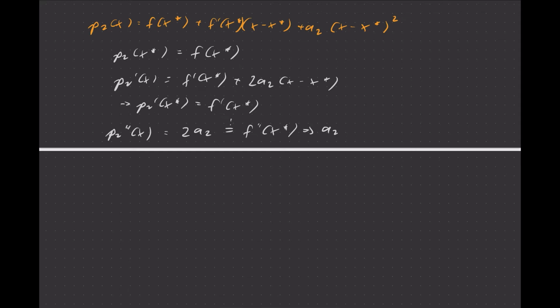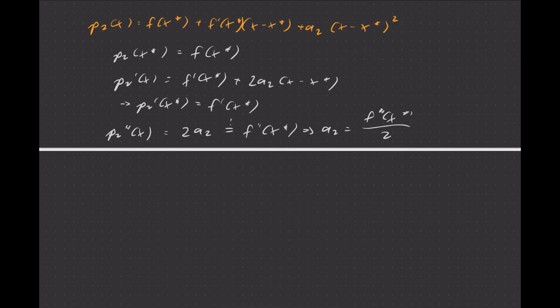So that means we need to choose a2 to be f double prime at x star over 2. So that's a little different from what we've seen before. Now we have this factor over 2 here. And of course that comes from the repeated differentiation of that part, including the square here in the first part.